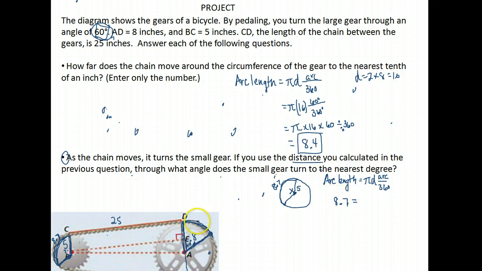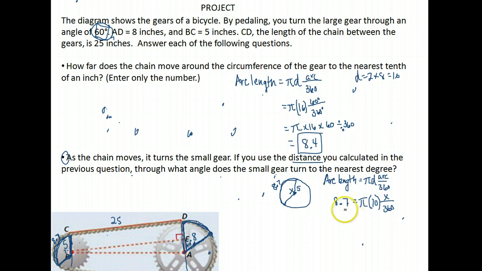And if it moves 8.7 on the big, it's going to move 8.7 on the small. Equals pi times the diameter. What's the diameter of our small circle? Our radius from our given information was 5. 2 times 5 gives me a diameter all the way across of 10. I don't know my arc right here. That's my x. And then I still divide by 360.